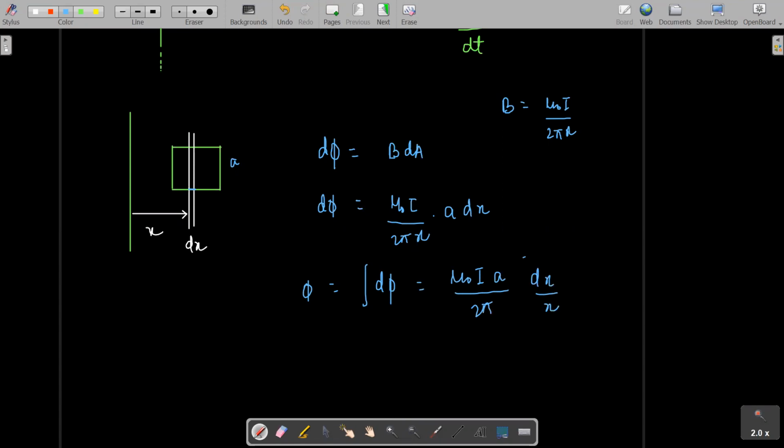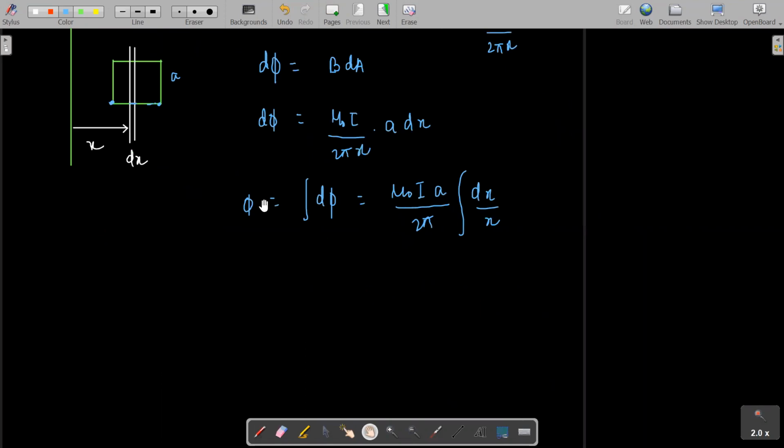We have to integrate this, and what should be the limit of x? We have to calculate the flux through this area. So the x will vary from what is this distance, students? See here, the x will vary from b to b plus a.